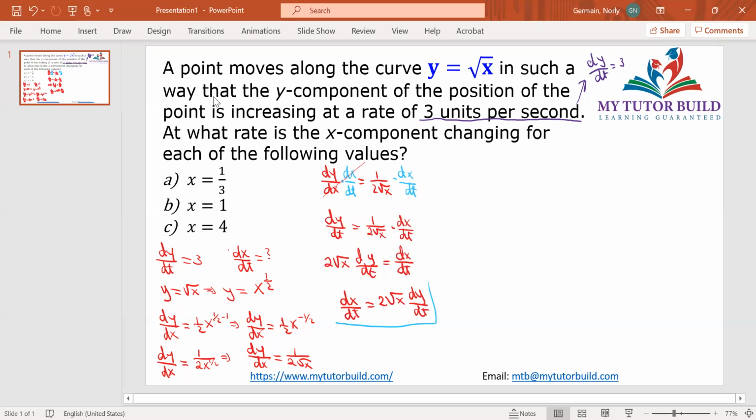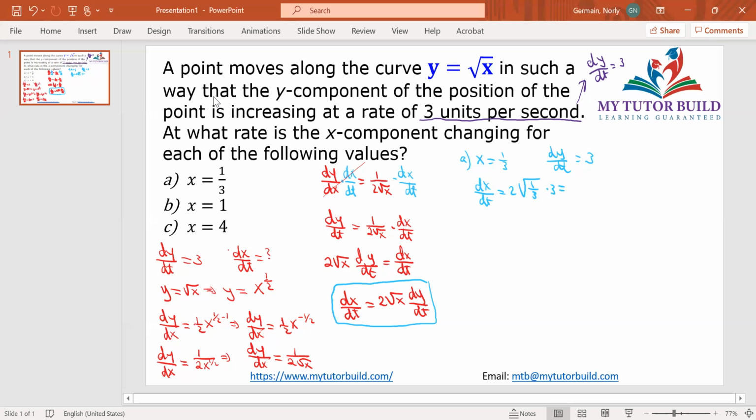Once you have that related rate, you can answer all three questions. For the first question, we need to substitute x equals 1/3, and dy/dt we know is 3. So at this point, we're going to have dx/dt equals 2 square root of 1/3 times 3.